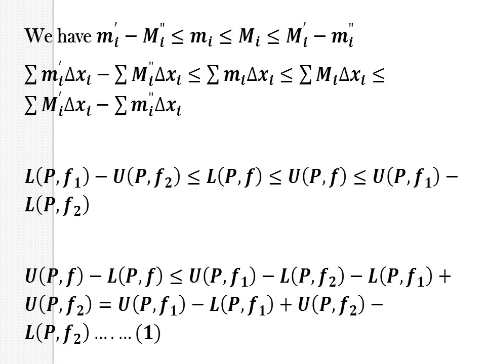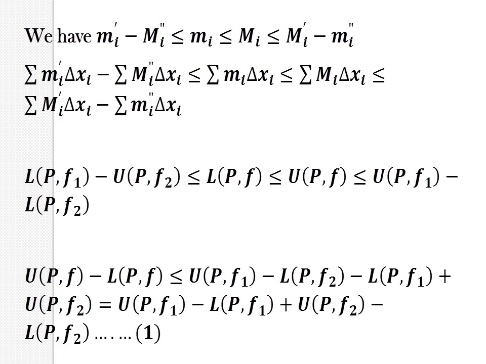Multiplying all terms with summation and delta xi, we get summation of small mi dash into delta xi minus summation of capital Mi double dash into delta xi less than or equal to summation of small mi into delta xi less than or equal to summation of capital Mi into delta xi less than or equal to summation of capital Mi dash into delta xi minus summation of small mi double dash into delta xi.